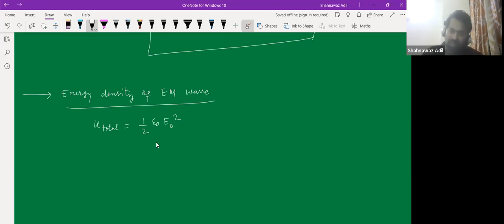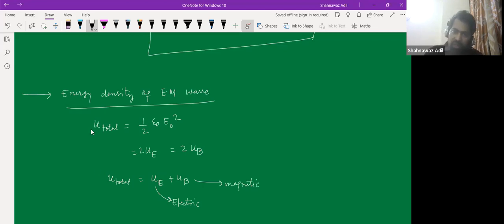And U total is U E plus U B, from the electric field part and the magnetic part. So this is how the energy density is.